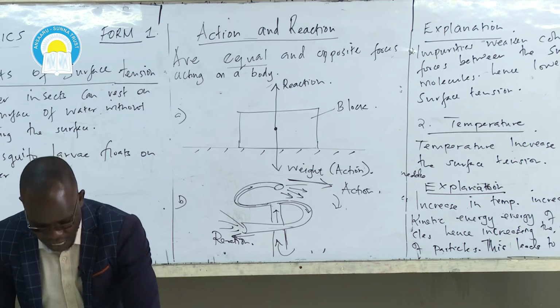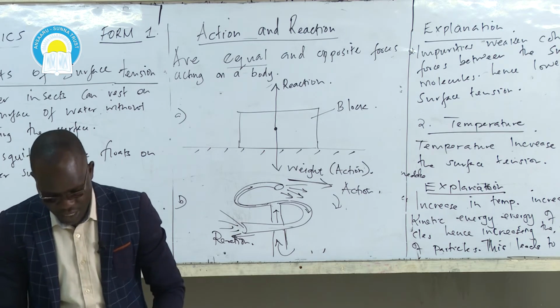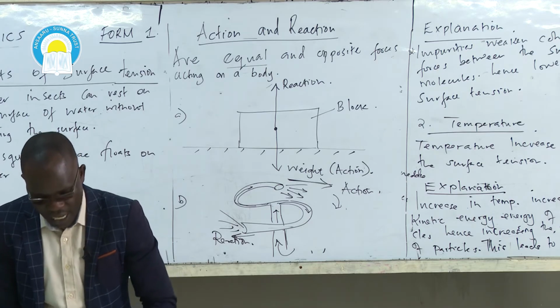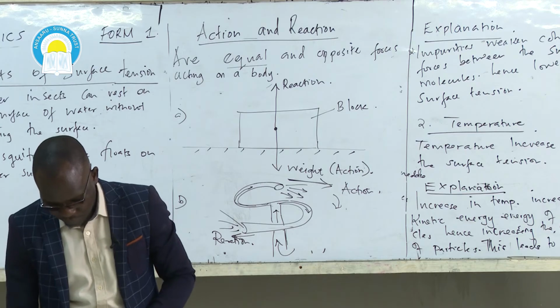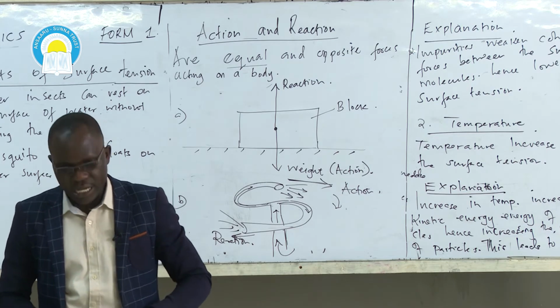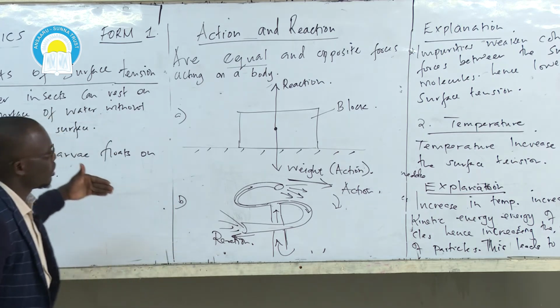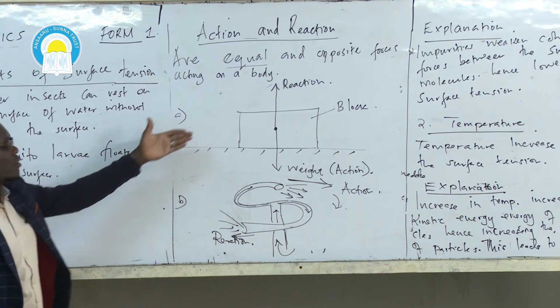When one body acts with a certain amount of force, that surface has to provide an equivalent force, a reaction force. I said in detail, we shall learn about action and reaction force in Form 3.